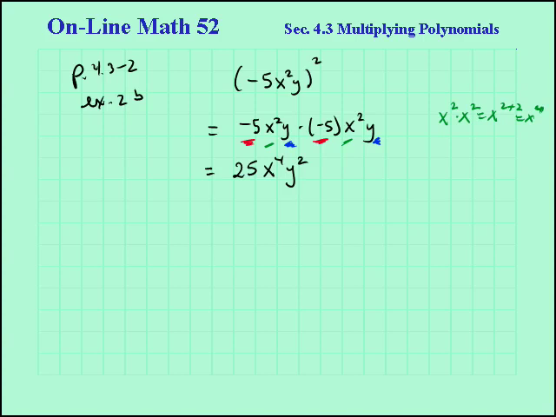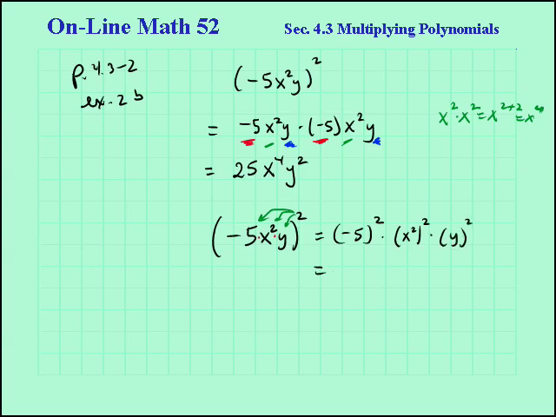Now, you might also have remembered, by the way, I'll rewrite the problem here. Negative 5 x squared y, quantity squared. When we have powers to powers, when we have everything being multiplied here, we can distribute that power as a power. If everything's being multiplied, we can distribute it as a power, and that means we would get negative 5 being squared, and x squared being squared, and y being squared.